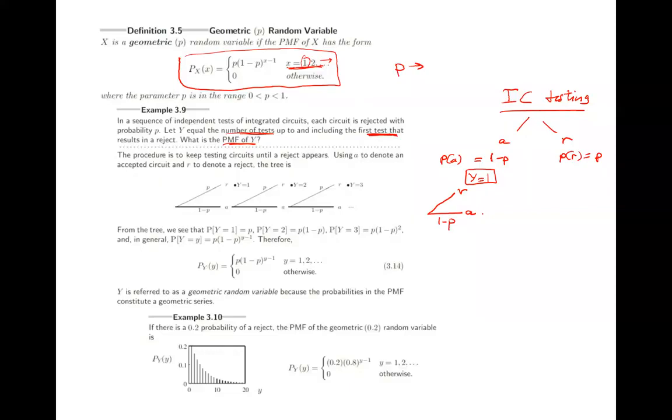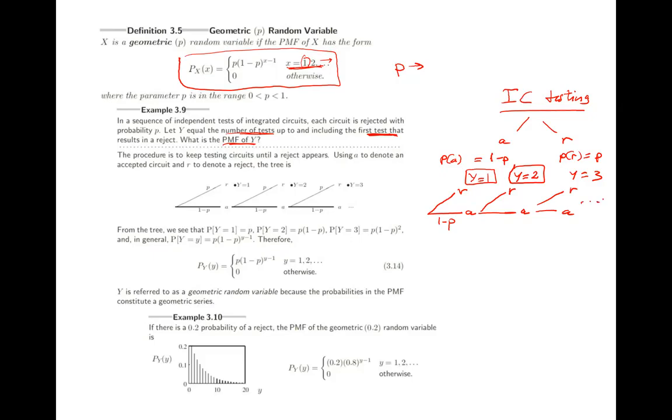Next, if I got accepted, then I try another test. Again, I may get rejected or accepted. Then Y is going to be 2, the first one and the second one. Next, accepted, accepted, rejected, Y is going to be 3. So it goes like this.